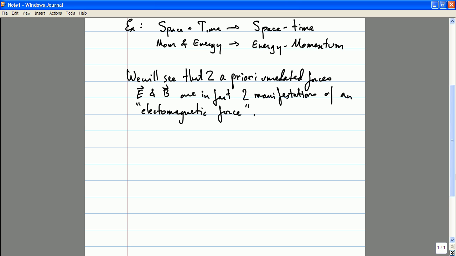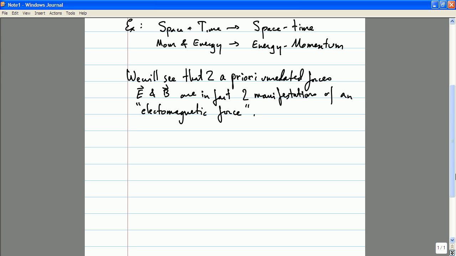So, for example, if I wish to describe the outcome of some experiment and I use coordinates in one reference frame that might be at rest with respect to our laboratory, then the outcome of the experiment shouldn't depend on whether I use that reference frame or another reference frame that is moving at some constant relative velocity.